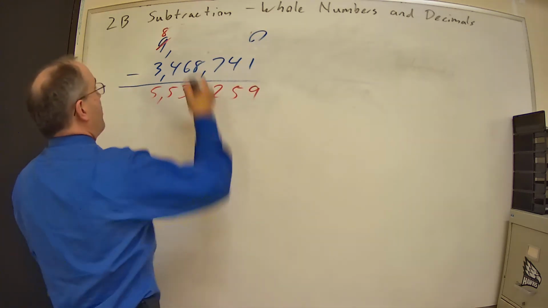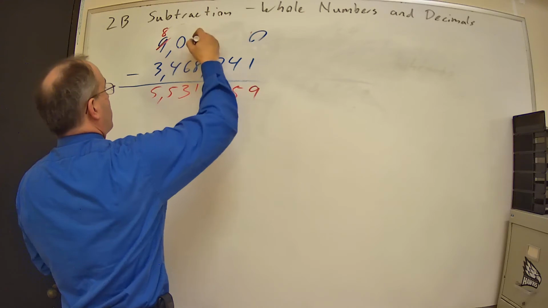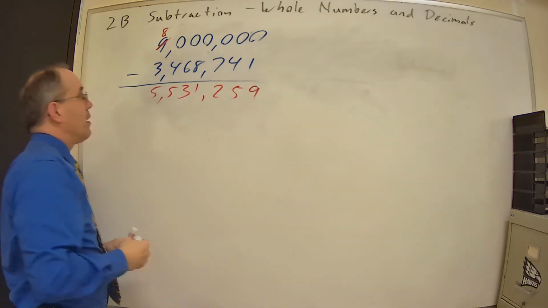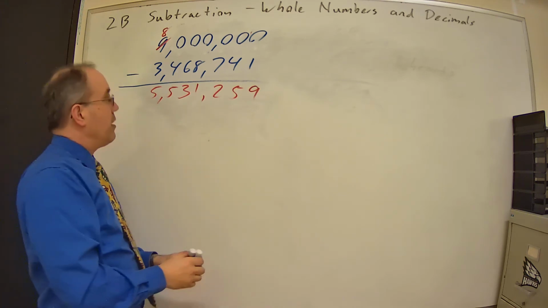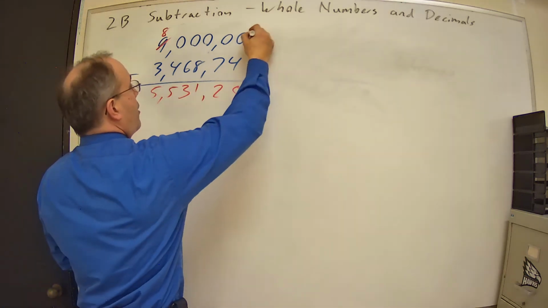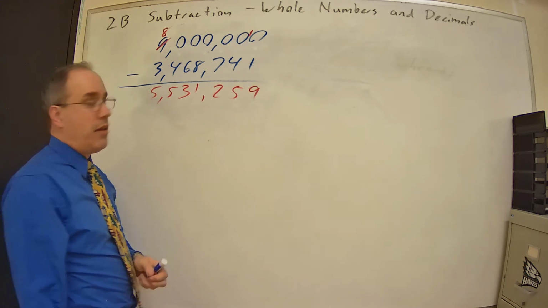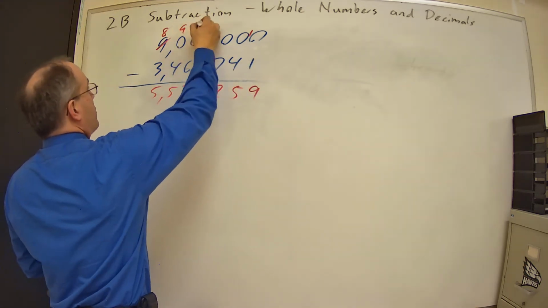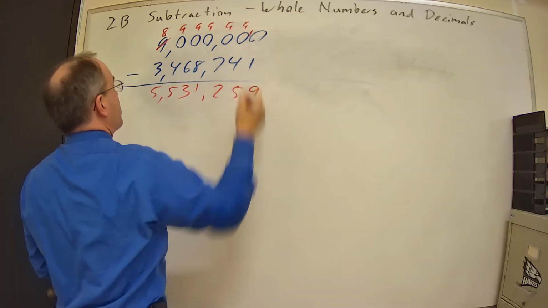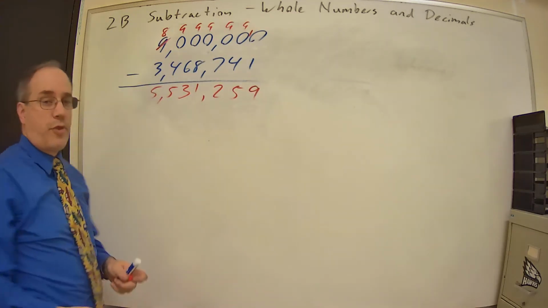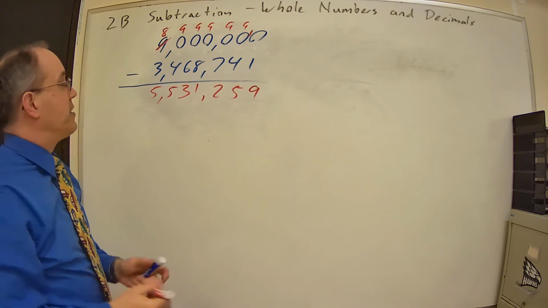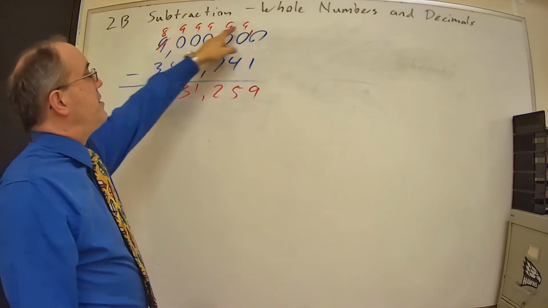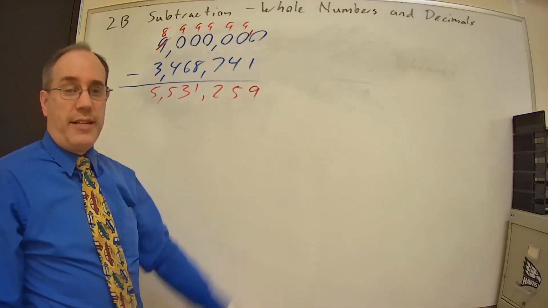If I start out with that 9 million again, I realize that I'm going to borrow and that's going to turn into a 10. All of these zeros are going to turn into 9s because I'm going to have to borrow from the 10s that they're going to become, and this one just ends up subtracting the digit. So I can save myself effort by just going, okay, subtract 1 from this, make these 9s until you come down to the end and make that a 10.